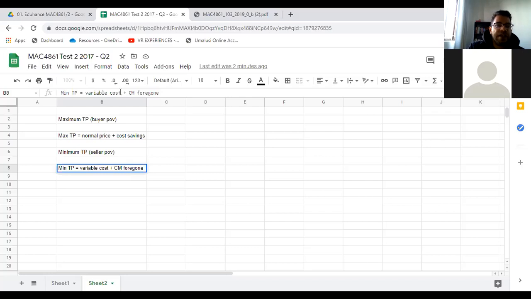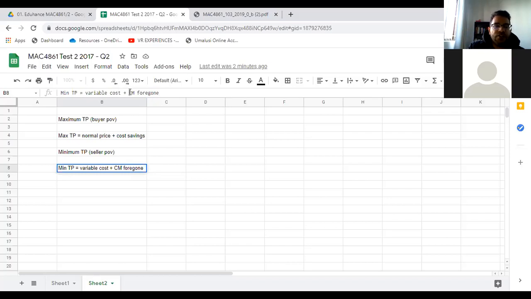So therefore, this variable cost may exclude a packaging cost. Similarly, just be aware of that. So this variable cost over here is only all the variable costs incurred to sell to the internal company.